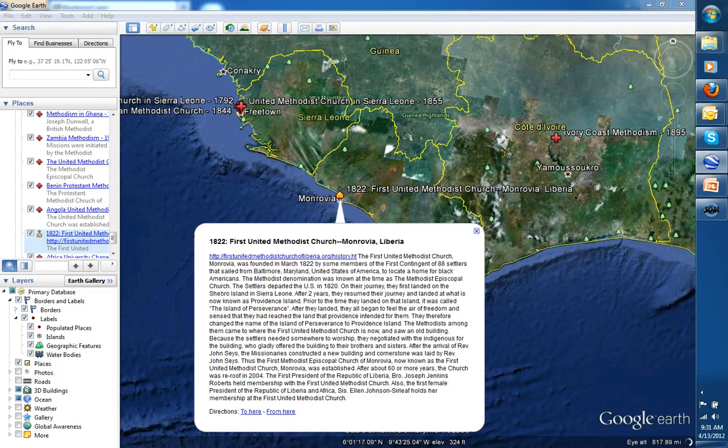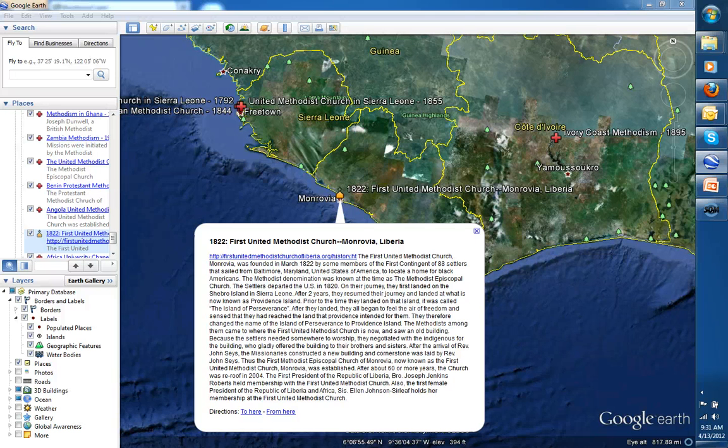So you've got, again, unofficial, unlicensed preachers, in this case African Americans, returning home, returning to and trying to make a new home in Liberia, that precedes Methodist mission official sent ministries by 11 years.